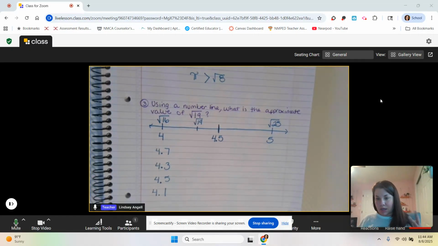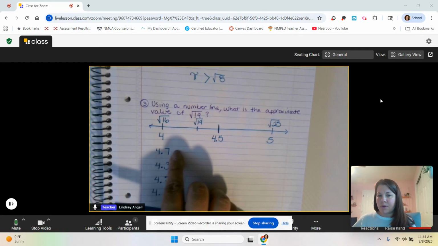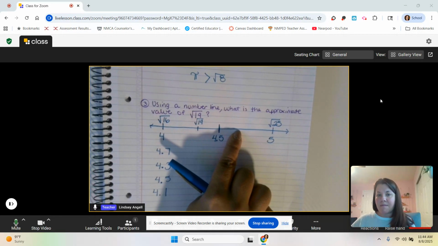So we need to kind of use our number sense and logical reasoning to realize, okay, 4.5, that might work. It's fairly close. But look at this, 4.7, that's going to be way over here. That's going to be further away. So that's going to be less accurate.